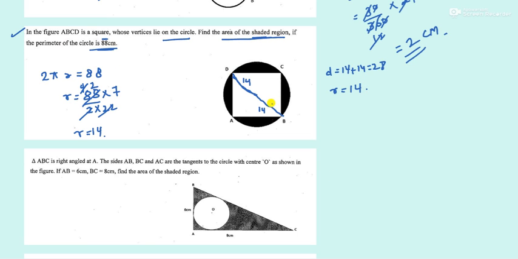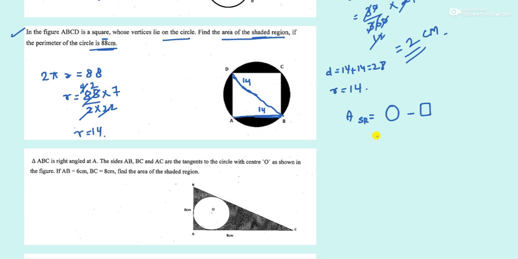How to find that? Area of shaded region, if you see, is equal to area of circle minus area of square, correct? Isn't it? But do we know the sides of this square? Do we have that? No, we don't have that, so we need to find it first.